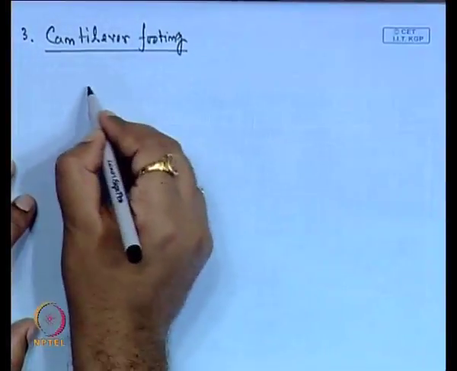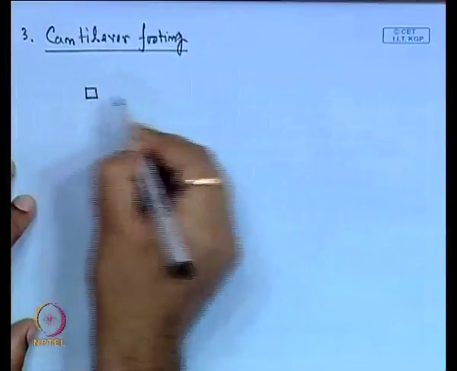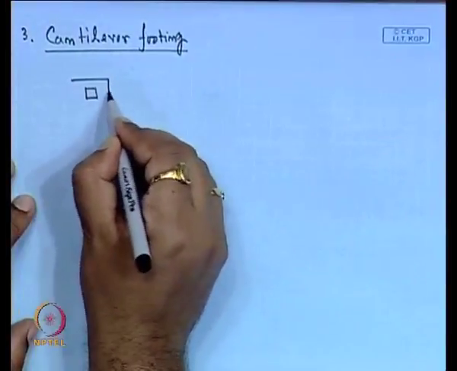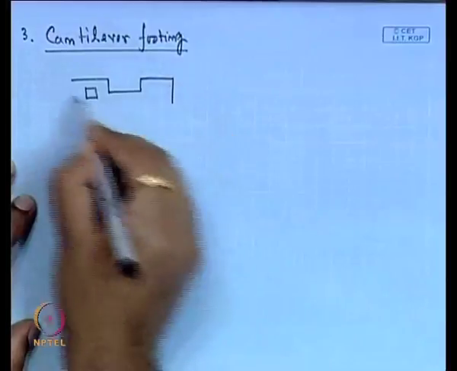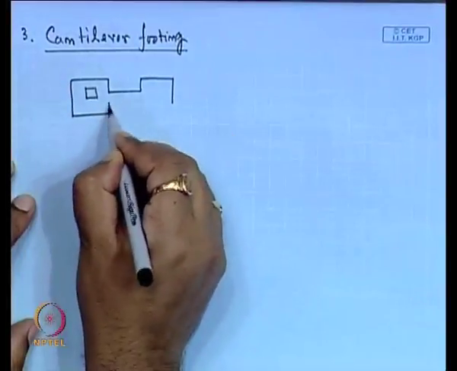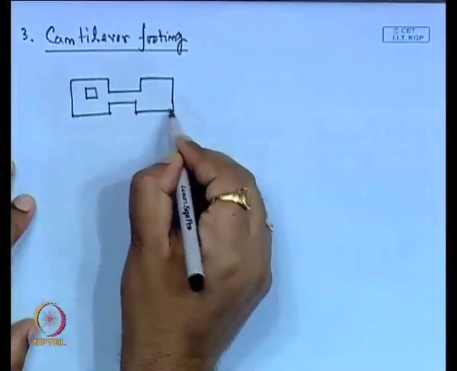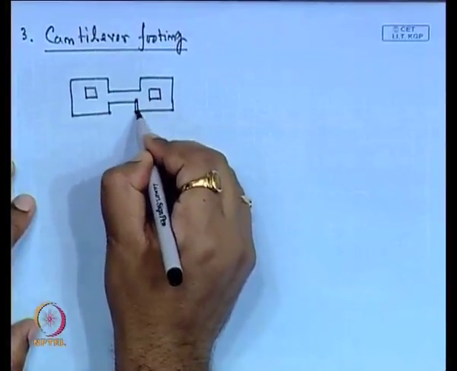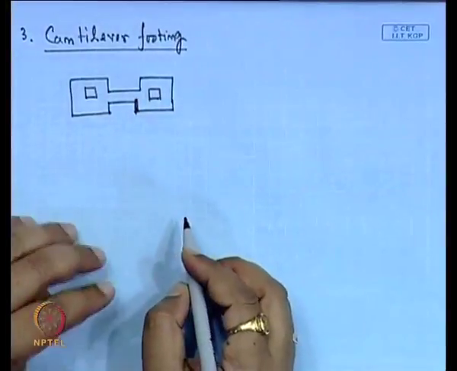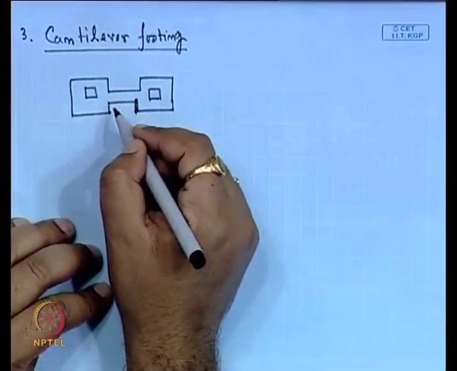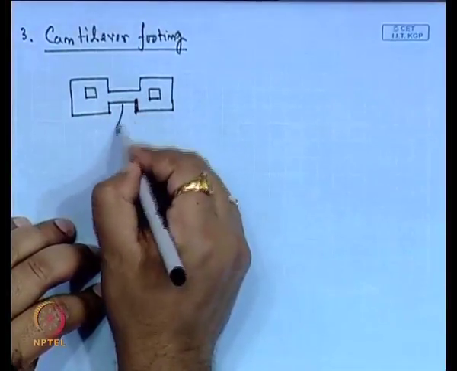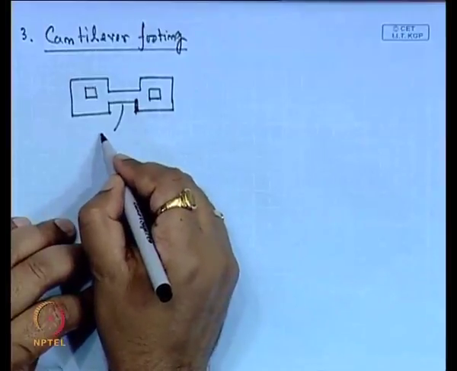So, this is the cantilever footing that I have already mentioned. The footing looks like this, and these are the two columns which are attached. That means, these are the columns which are attached by one strip beam.